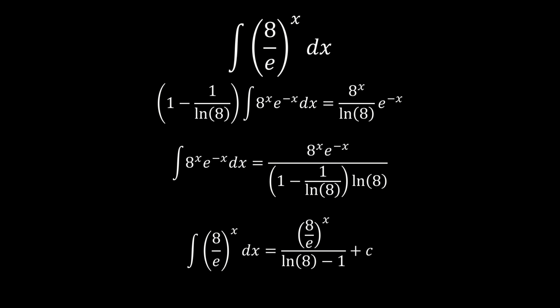So the integral of the quantity 8 over e raised to x dx is just the quantity 8 over e raised to x over the natural log of 8 minus 1 plus c.